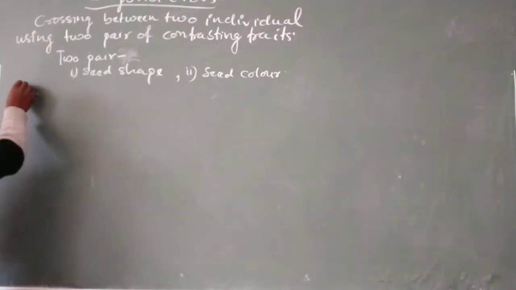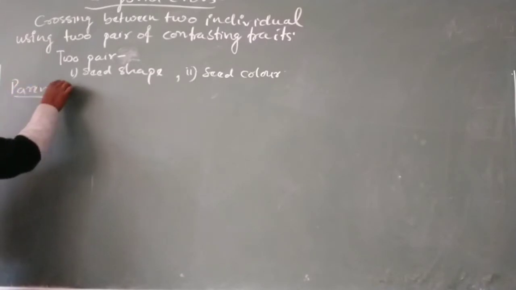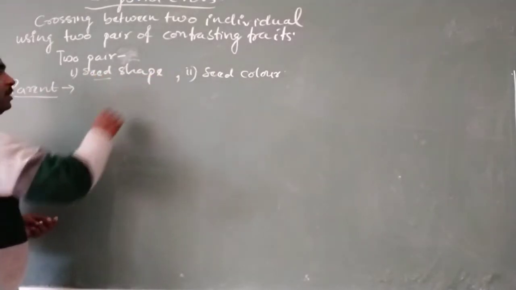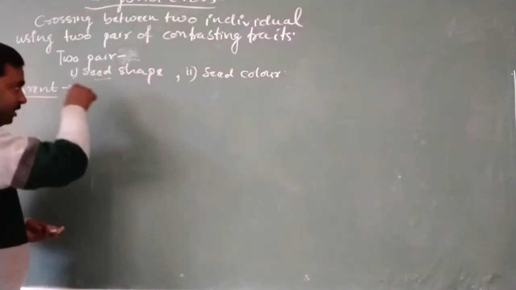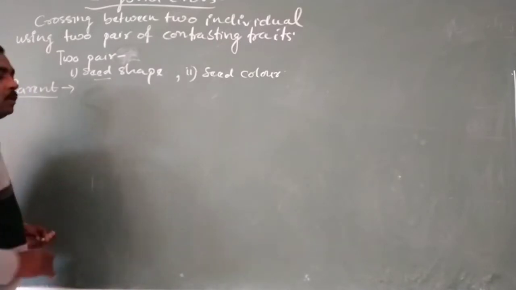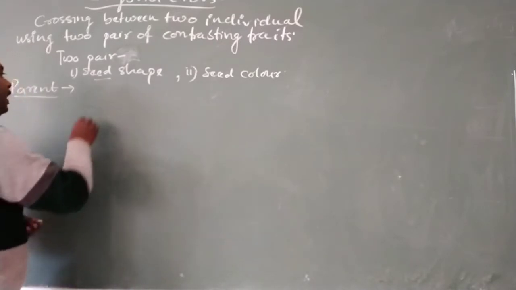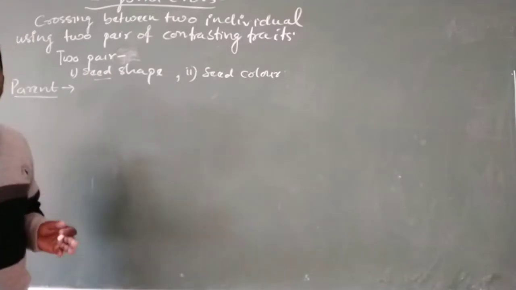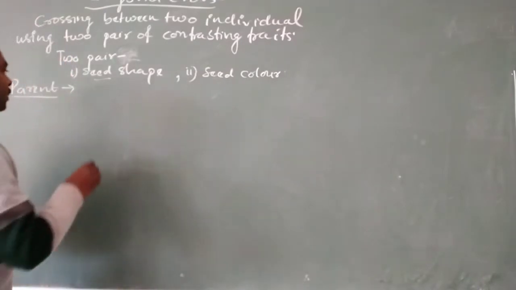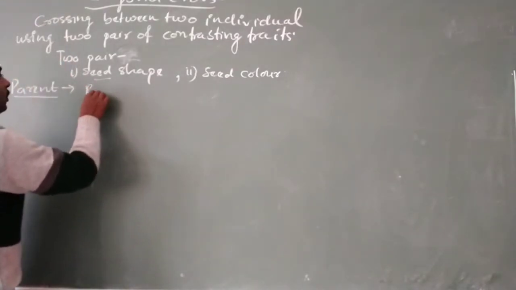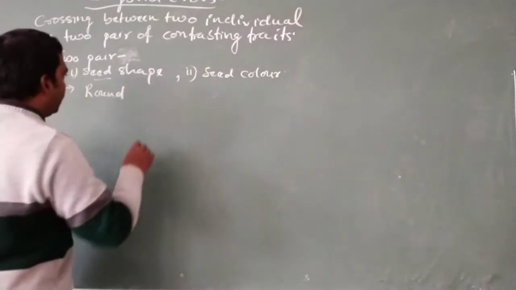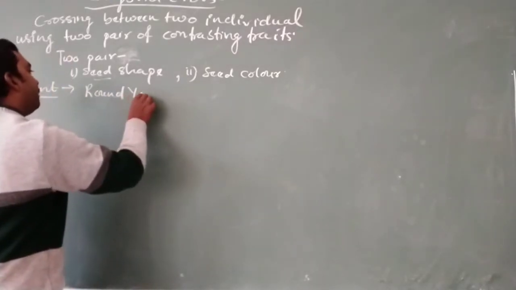So in the parental generation we represent the genotype of seed shape and seed color. The seed shape has two types, round seed and wrinkled seed, along with the seed color, yellow.